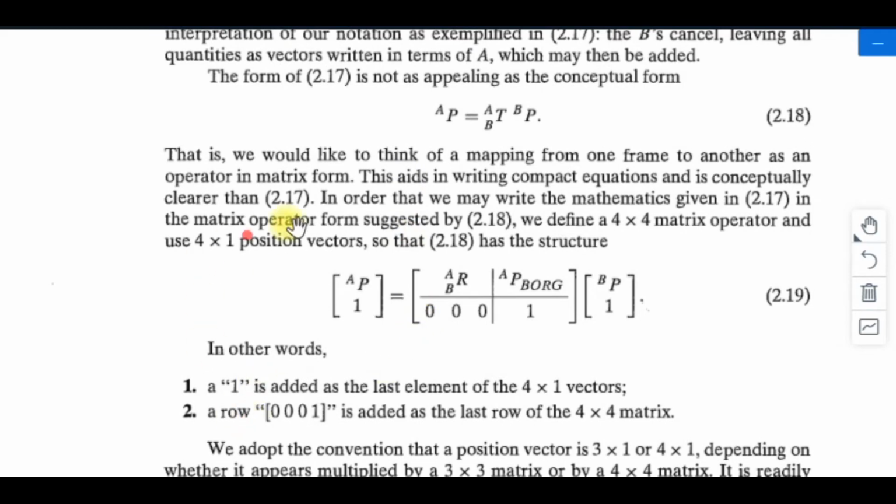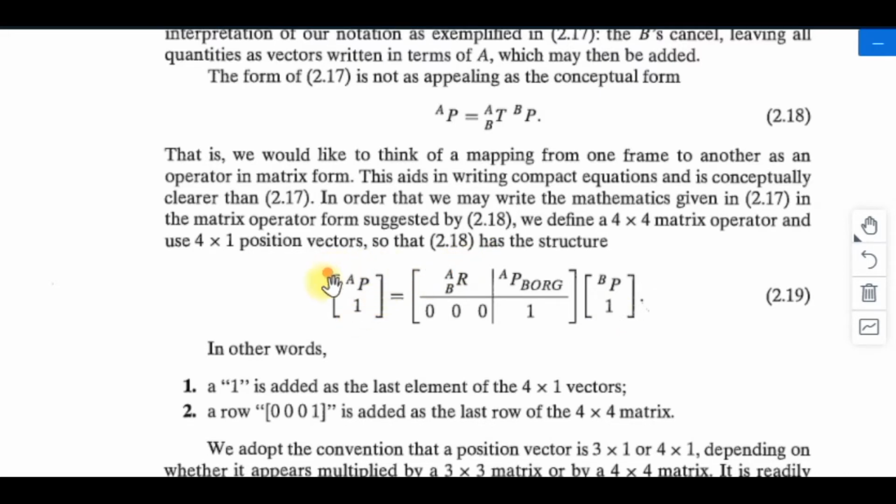But you know that if you multiply with this, the number of columns is 4 and the number of rows of B P is 3. So a 4 cross 4 matrix cannot be multiplied with a 3 cross 1. So obviously padding is required, and we pad 1 here, and similarly pad 1 here.